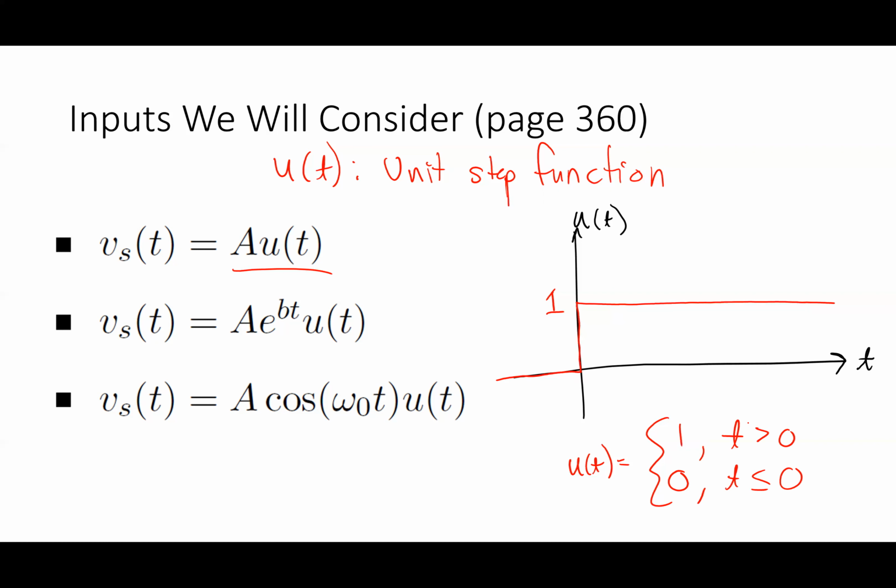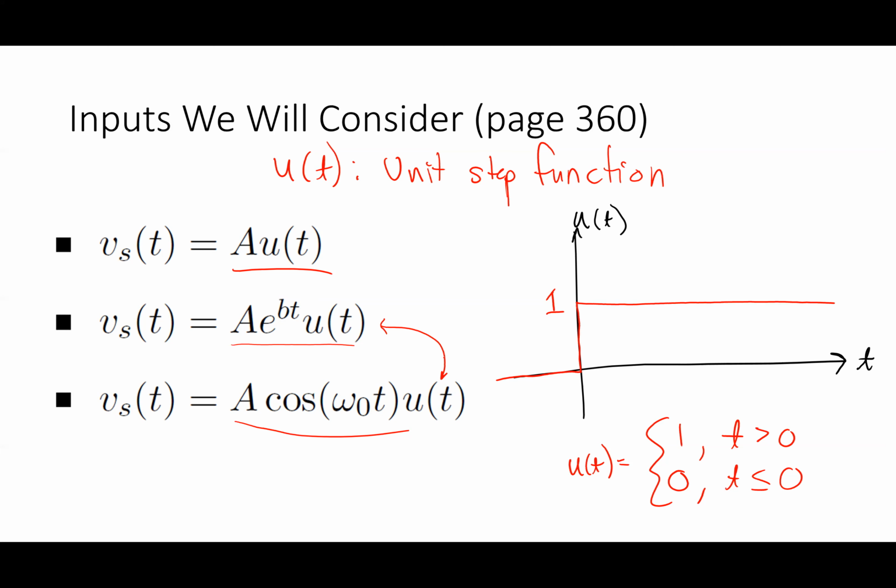Other types of inputs I might consider: exponentials and cosines and sines. The one thing it's useful to remember is these 2 things are kind of the same, and we're going to use that framework. Exponentials and cosine and sine are closely related, basically the same thing.